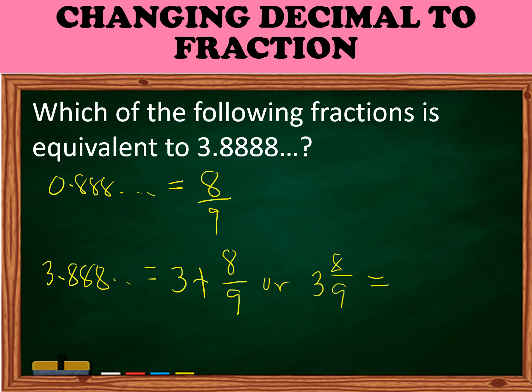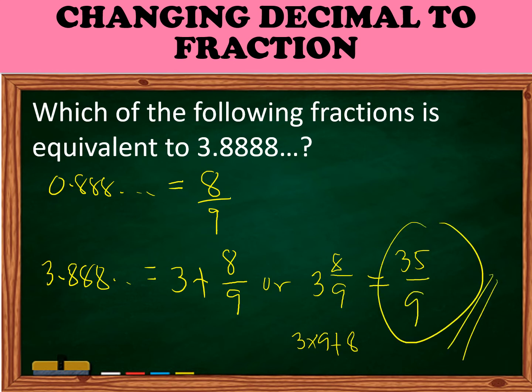That would be 3 times 9 plus 8, di ba? So 3 times 9 is 27 plus 8 is 35. Then just copy the denominator 9. So therefore, the final answer is 35 over 9.